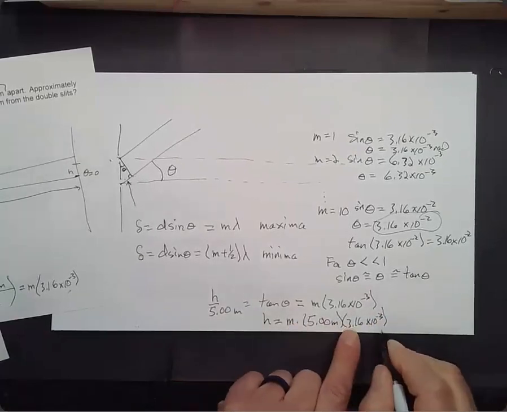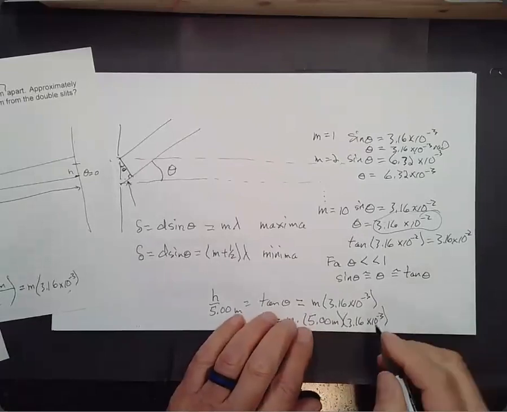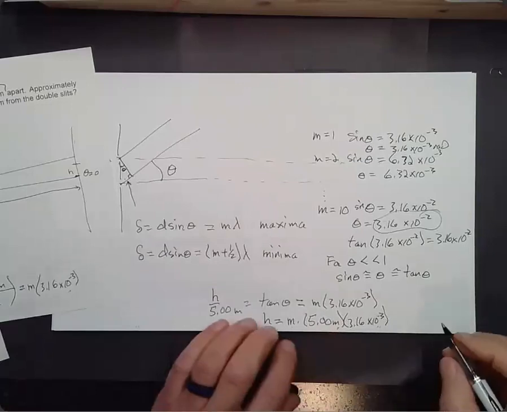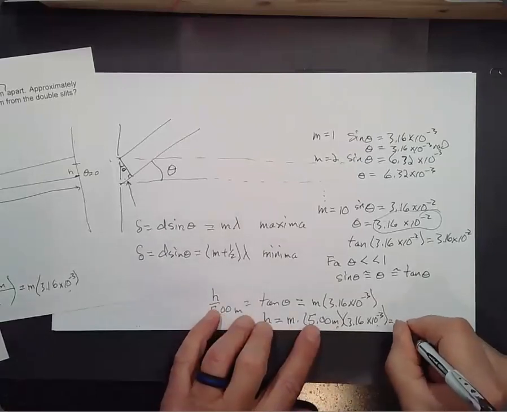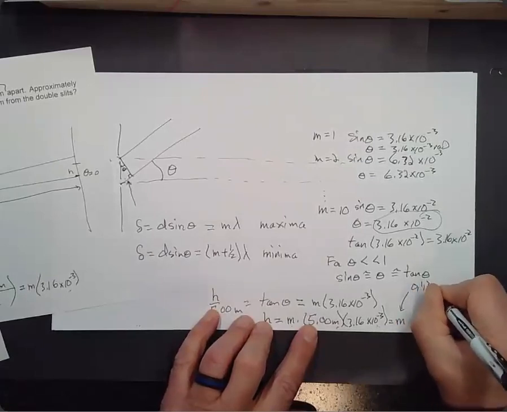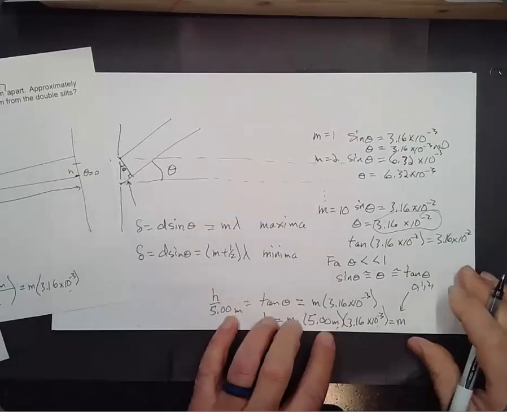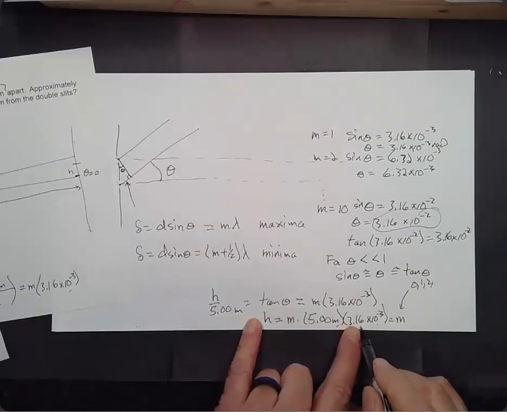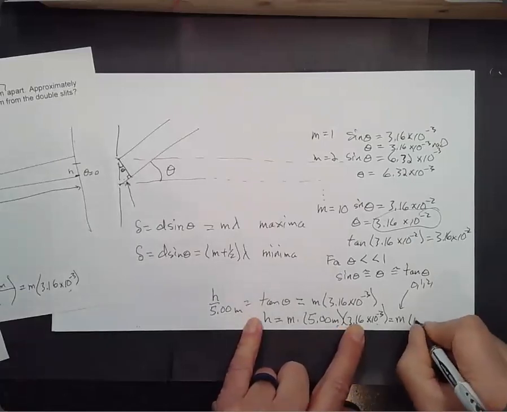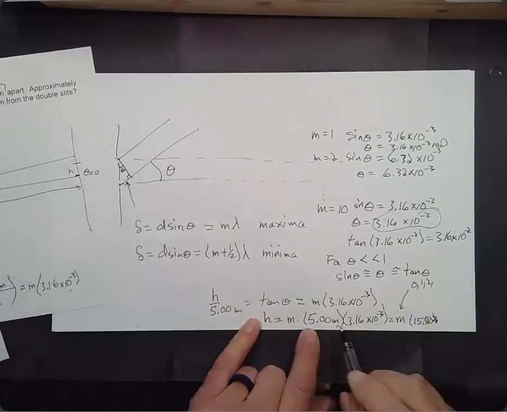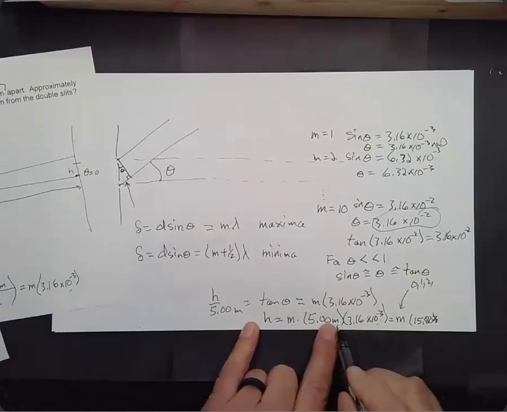Well, I can do this multiplication in my head, and I'm going to group the 10 to the minus third and the m together because I'll get this lowercase m. Remember, that's the 0, 1, or 2. 5 times 3.16 is, let's see, 15.80. And then what I still have here is 10 to the minus third and meters.